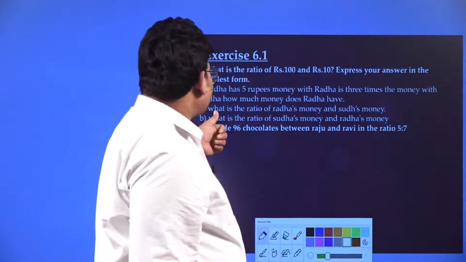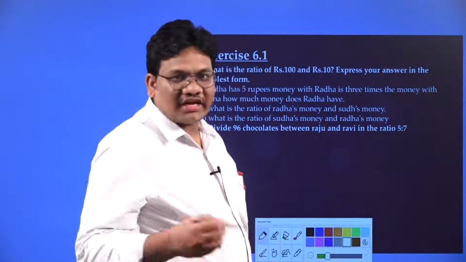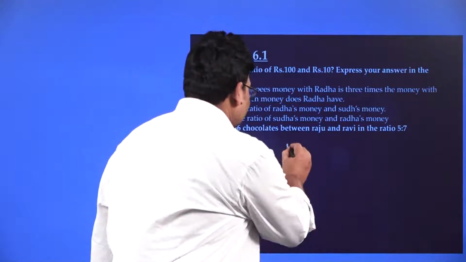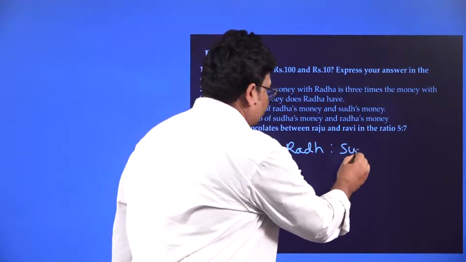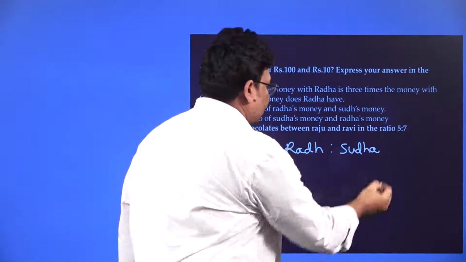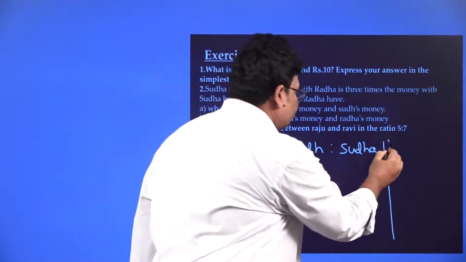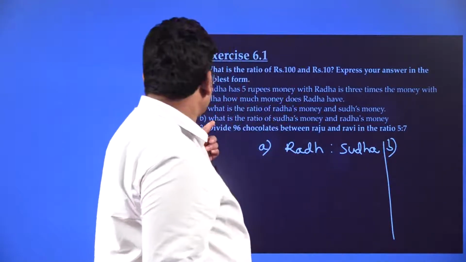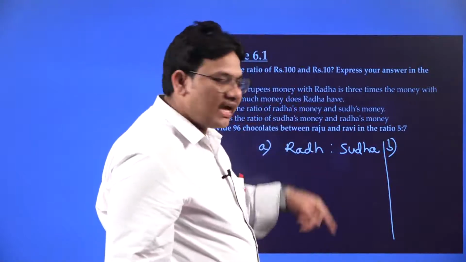Here, in the first bit, what is the ratio of Radha's money and Sudha's money? In the second bit, what is the ratio of Sudha's money and Radha's money?